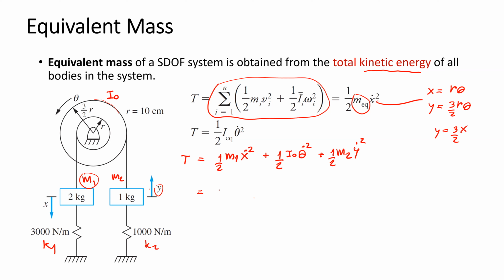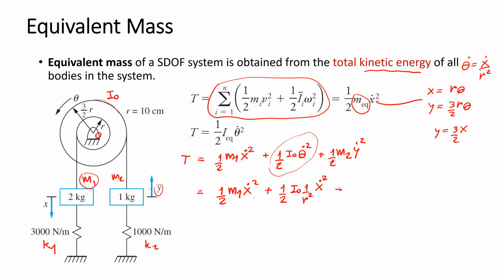So here, 1/2 M1 x dot square. The theta dot is equal to x dot over r, right? So we have 1/2 I_O, the moment of inertia about point O of the pulley, times 1/r square of x dot square.